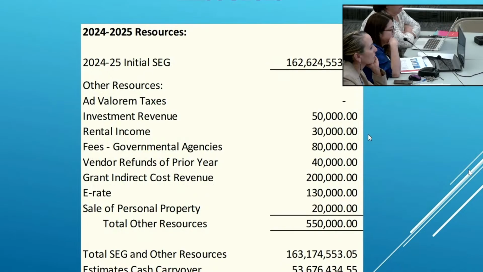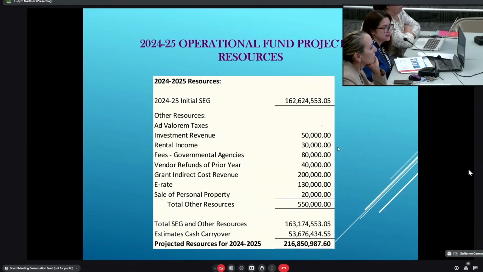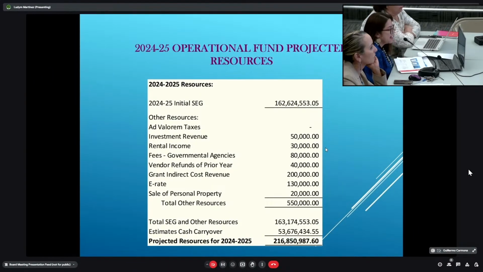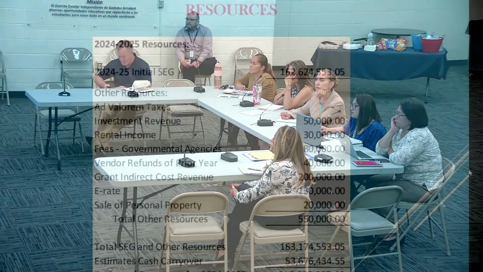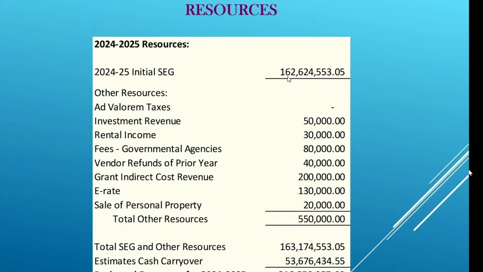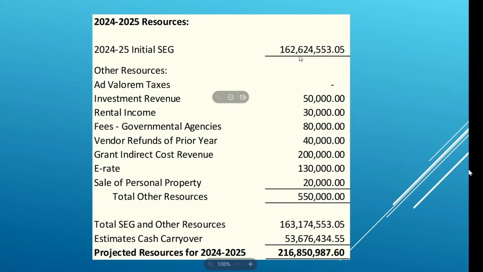Now, as part of the budget process, one of the first things we do is identify our revenues for the year. And when you budget, your revenues must equal your expenditures. So what we did this year is, again, we're going to start with $162.6 million. We're not going to budget the 172 because we believe that number is incorrect.